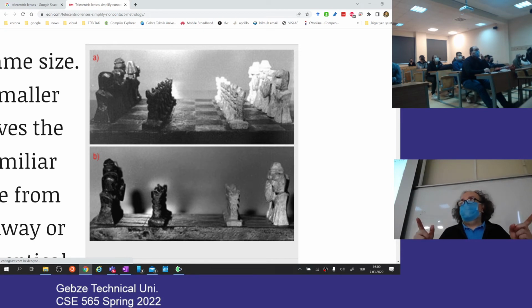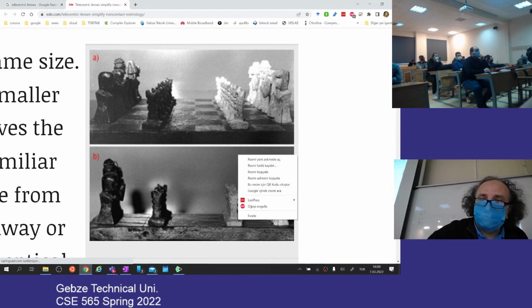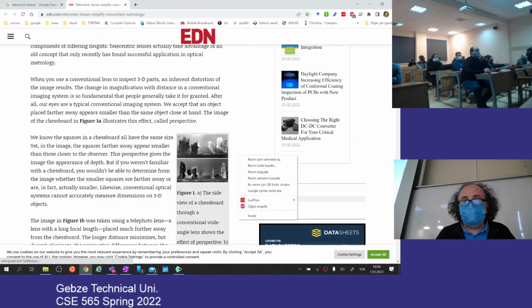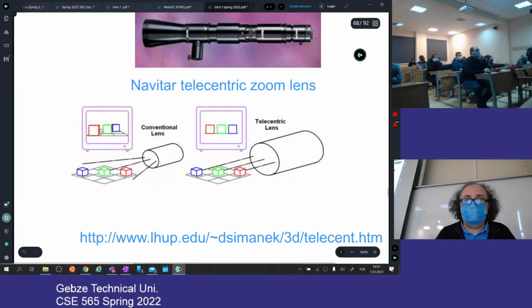So my measurements don't depend on the depth anymore. Whatever the depth is, my distances will look similar. Also, the height of this pound is larger than the height of this pound here, but in this case they are all the same. So they are very useful for industrial applications when you do measurement.